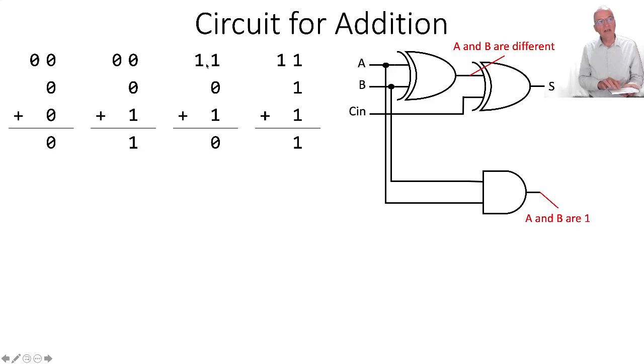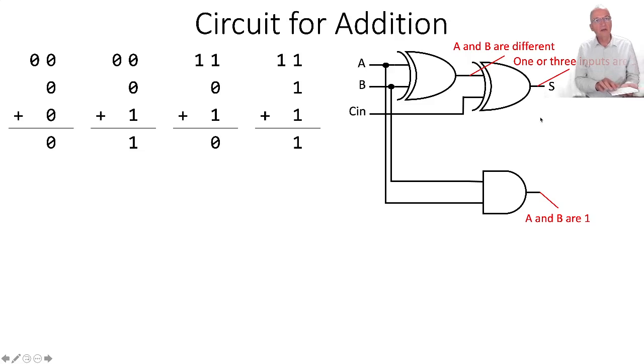Now I have 1 XOR 1 here, so that will make this into a 0, which is the result of the sum. In this case, I have 0, 1 here, so this makes the XOR equal 1. And then I do an XOR with a 0, and my result is a 1. So that gives me the value of the sum.